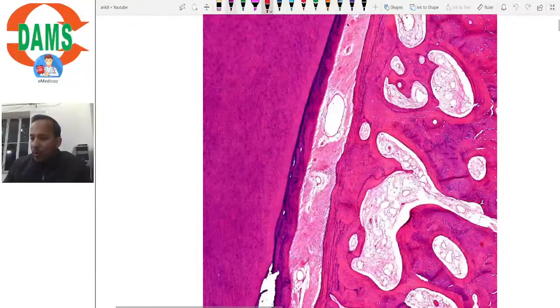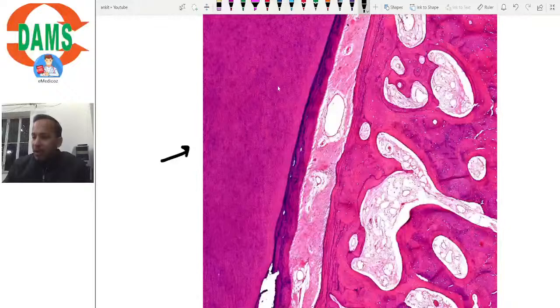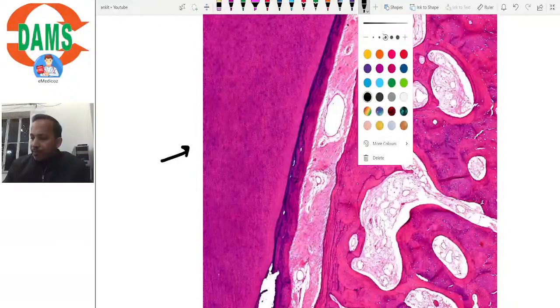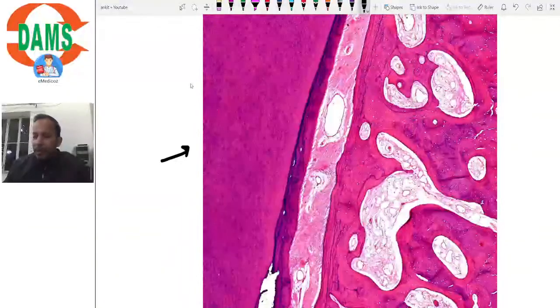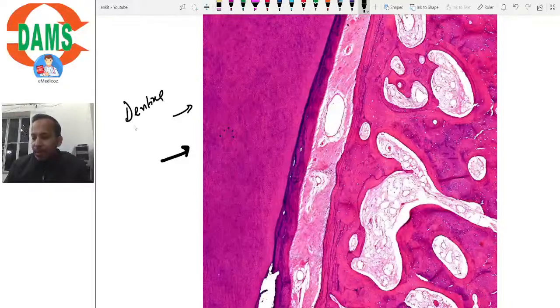If you look towards the left side of this histological diagram, you would notice that it has the typical tubular structure of dentin. Can you visualize these small dots everywhere? This is the tubular structure of dentin. The tissue on the left is dentin, right?